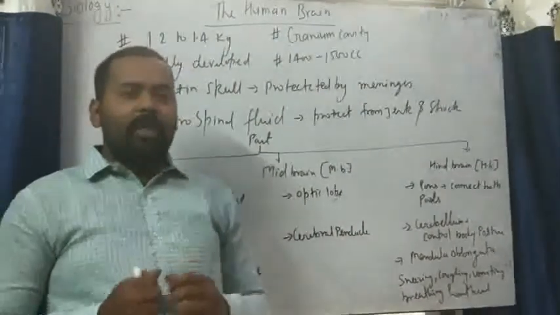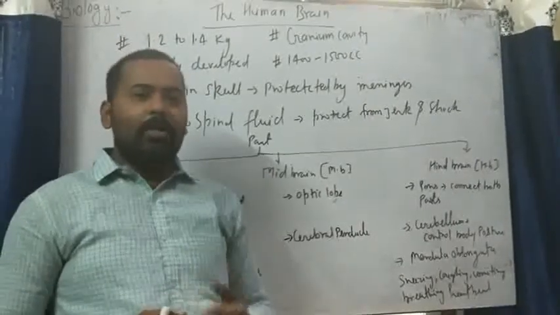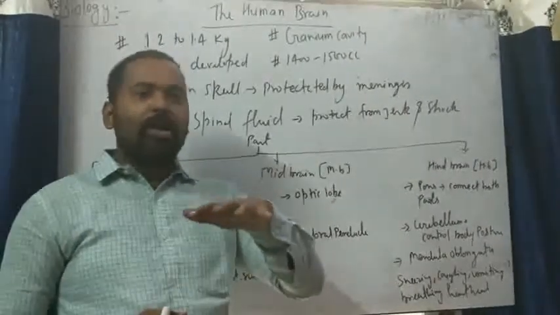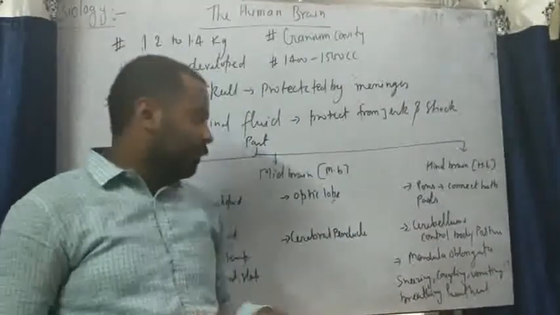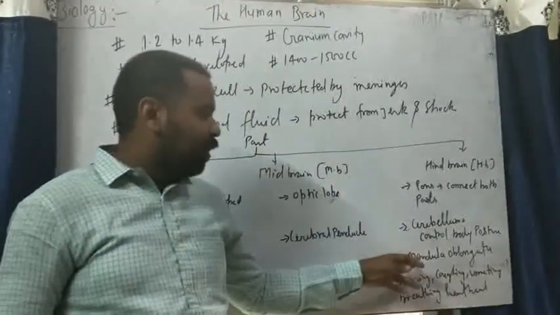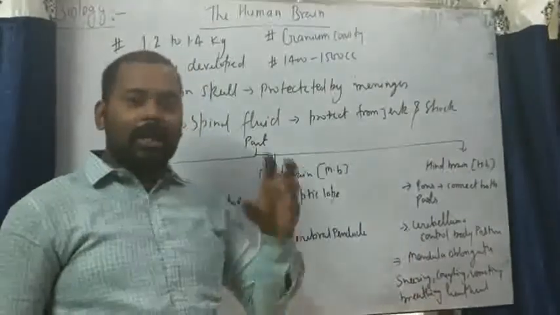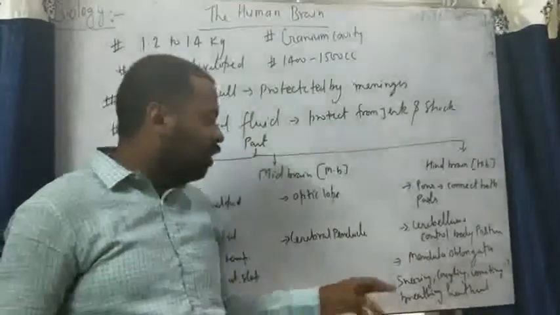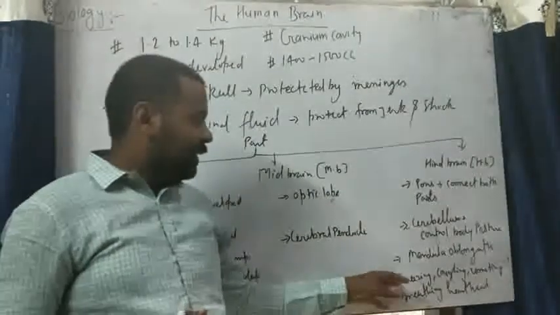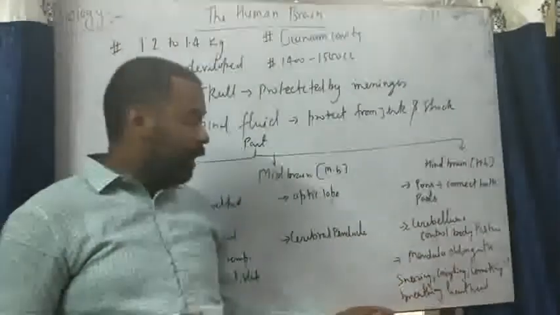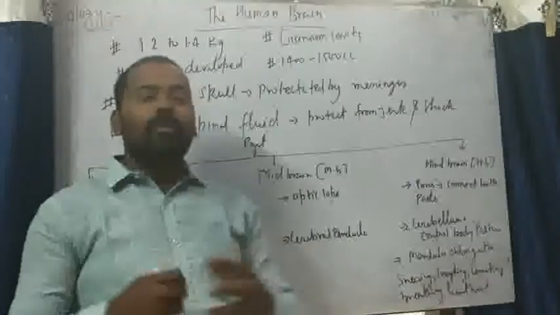If someone consumes alcohol, the person cannot stand properly because the cerebellum is affected. The last part of the brain is the medulla oblongata. It connects the brain to the spinal cord. It controls involuntary actions like sneezing, coughing, vomiting, heartbeat, and breathing, and many more activities.